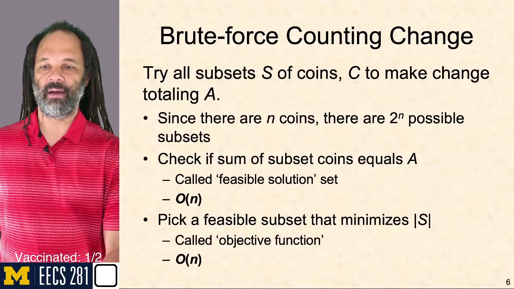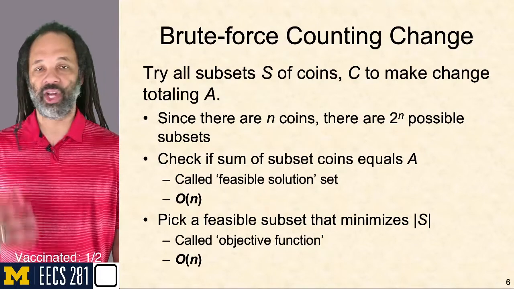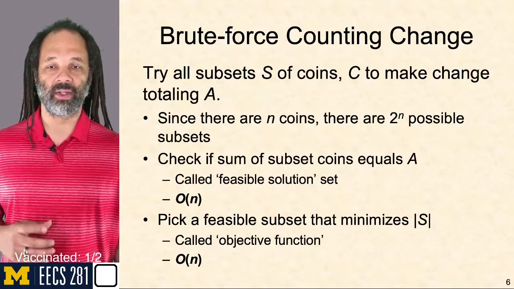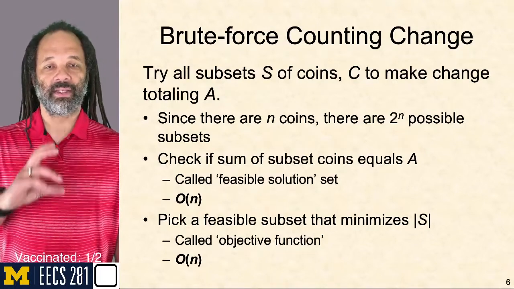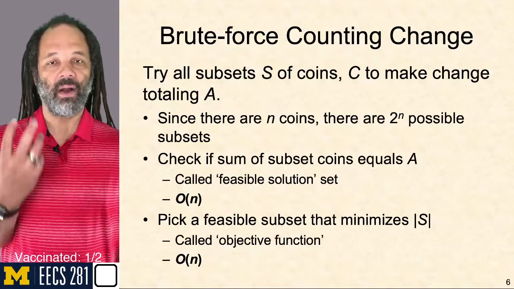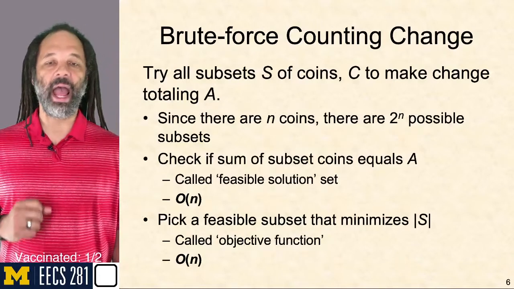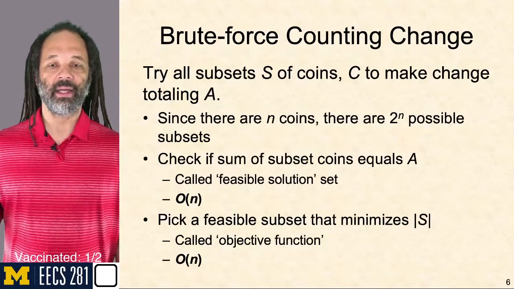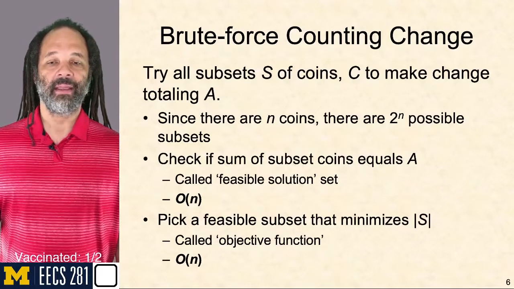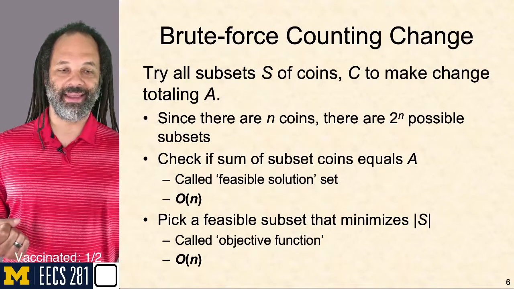If I think of all the subsets of coins to make change, there are these subsets S of C, the subsets of the coins C to make the change totaling A. Since there are n coins in C, the total number of coins is n, there are 2 to the n possible subsets. And I get that.